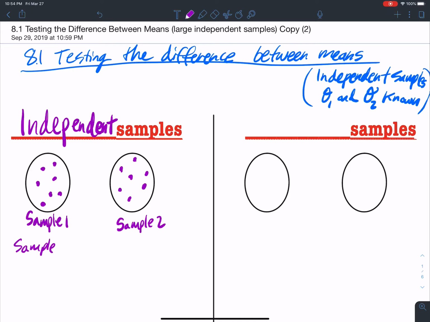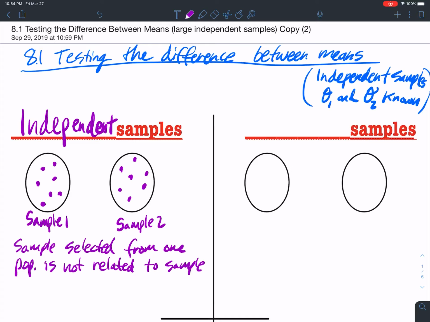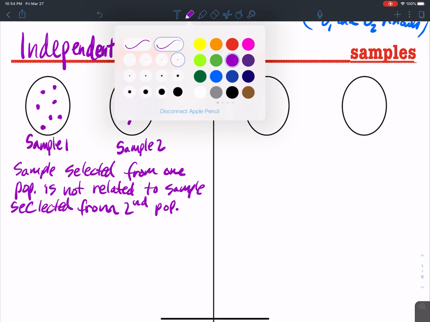The sample selected from one population is not related to the sample selected from the second population. Okay?